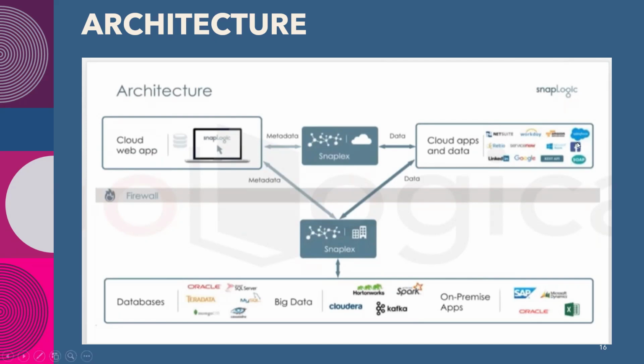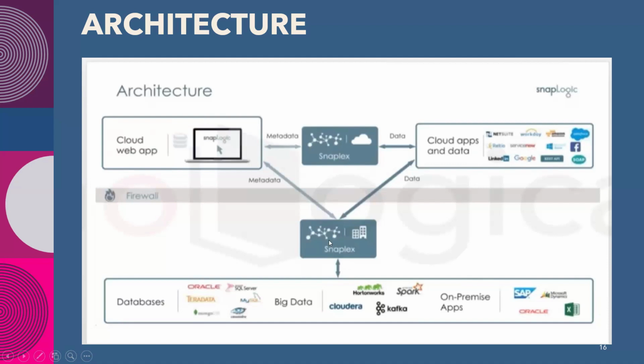And if you look at the cloud apps and data, by using SnapLogic you can integrate with all your cloud-based applications, like NetSuite, Salesforce, Google, or ServiceNow, and that can be done by using the Cloud Snaplex.